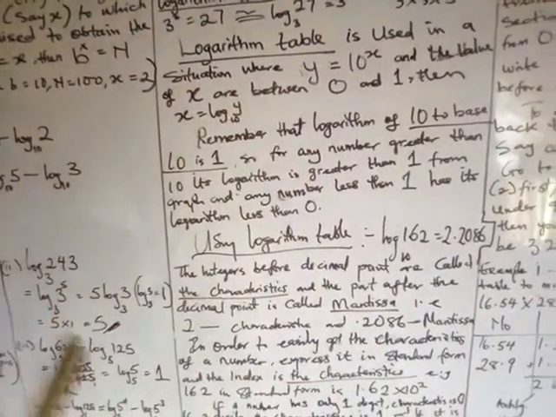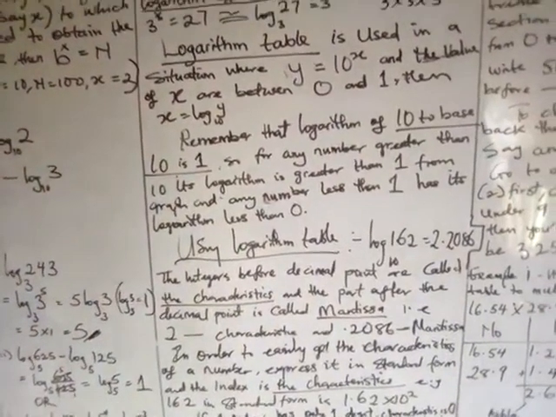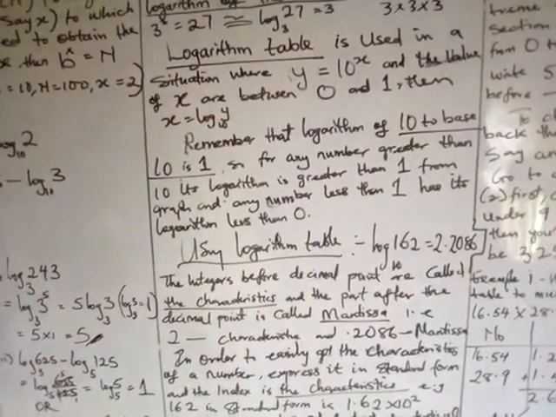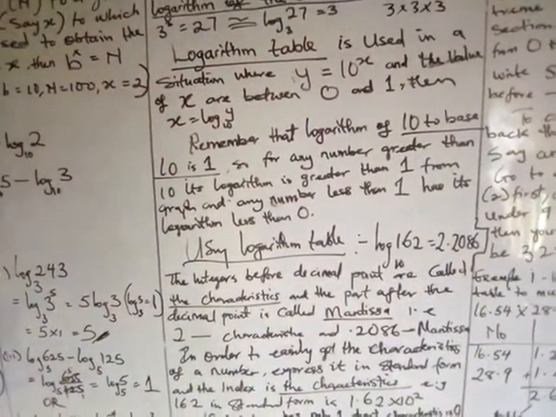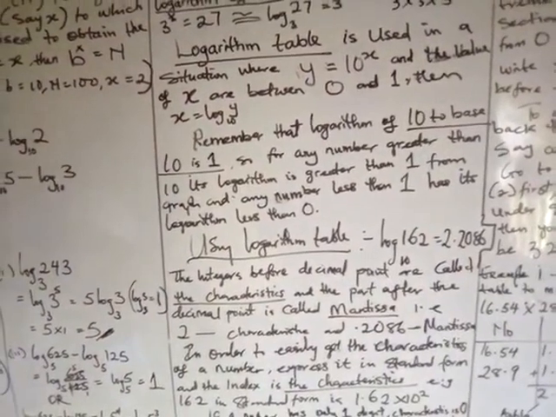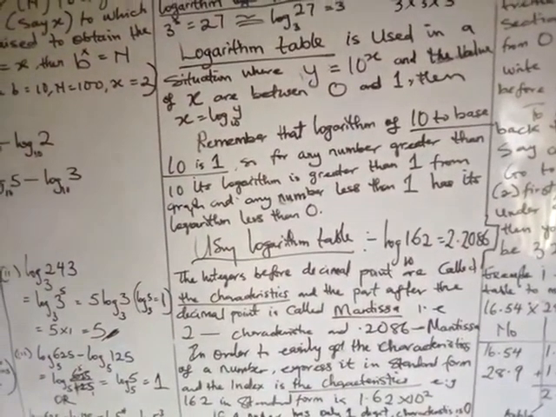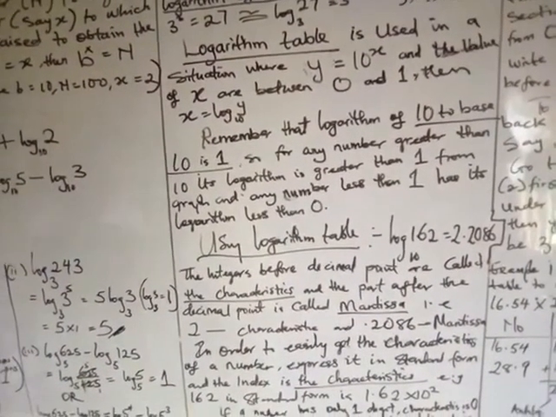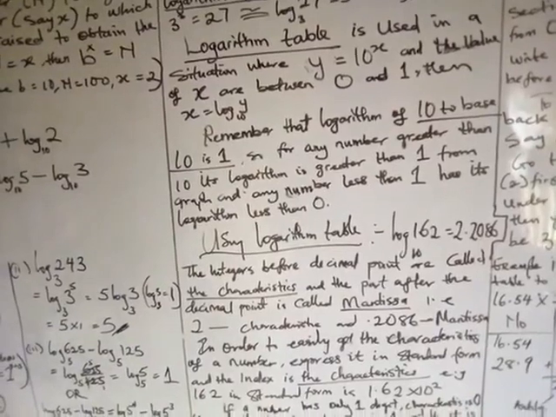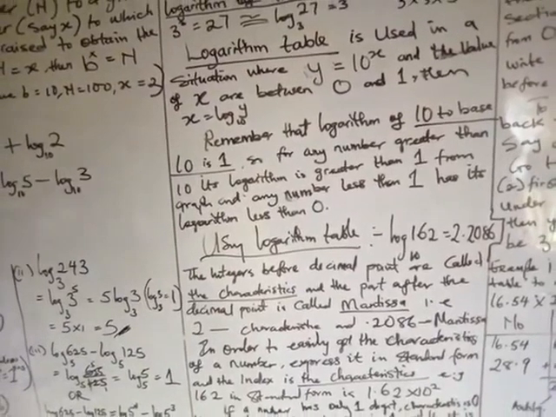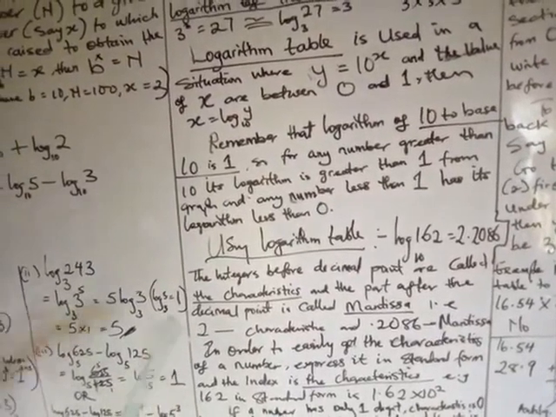So logarithm is most times used when the power of a number is between 0 and 1, so it could be in decimal points. So that's when you use it.